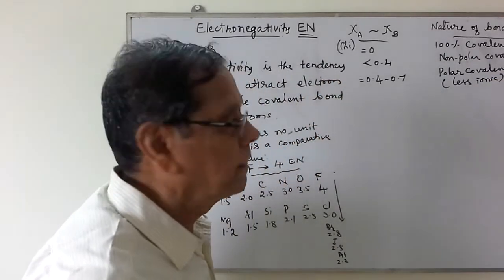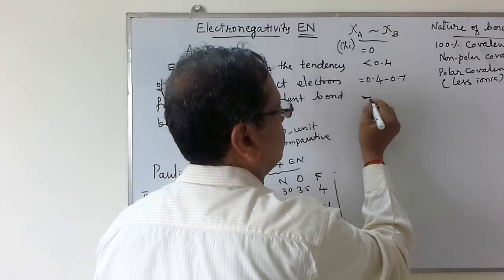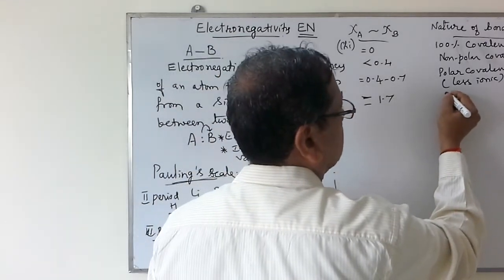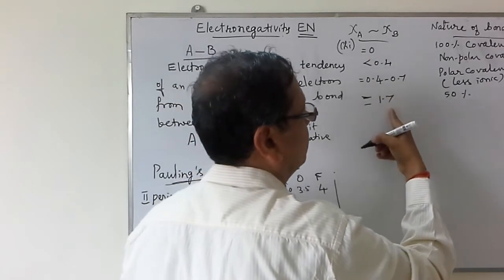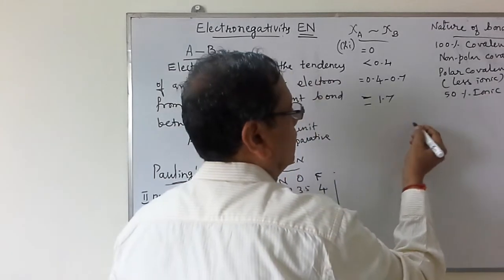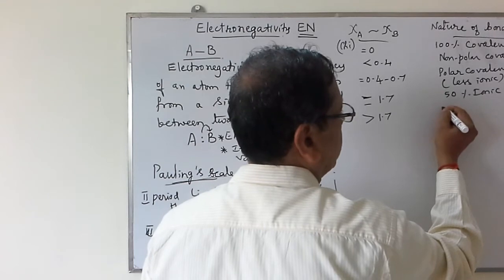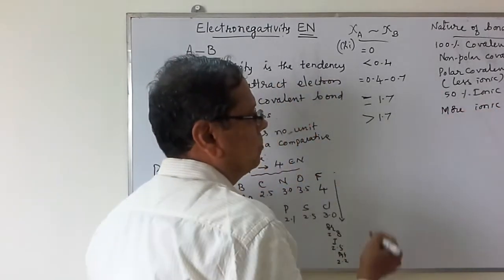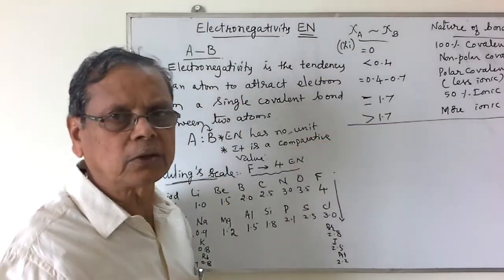When the chi A, chi B difference is equal to 1.7, then it is 50% ionic. When it is more than 1.7, it is more than 50% ionic. So we can calculate the ionic character by considering this difference in the electronegativities.